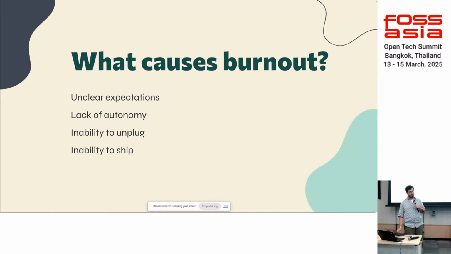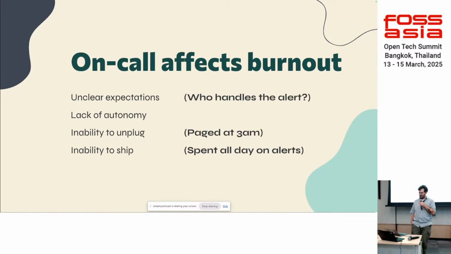And a bad on-call culture can cause all of these things. Who's responsible when an alert goes off? Can I do anything about it? If I'm paged often in the middle of the night, like an emergency room doctor or a software engineer, I can't really unplug from my work, and that leaves me in a high cortisol state of stress. Not being able to ship because you're working on alerts all the time.